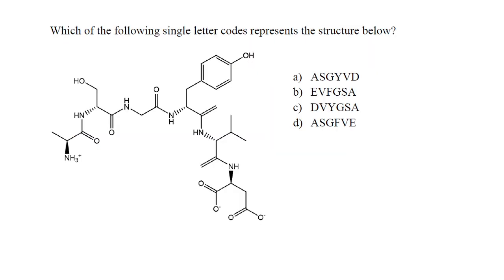So next question we have: which of the following single letter codes is present in the structure below? Find out. I think this is some mistake. This will be O. So tell me what the single letter code for this peptide is.